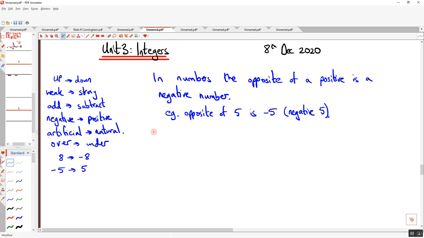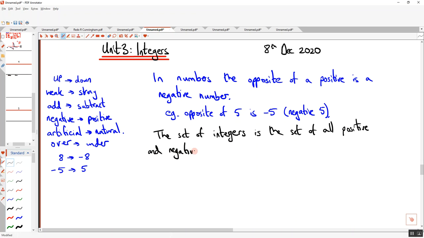And we're going to say the set of integers. So integers are the set of all positive and negative whole numbers.